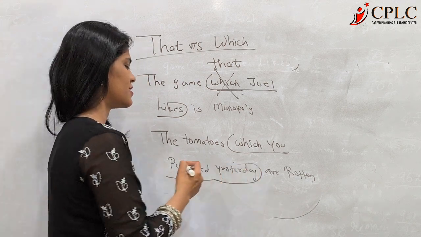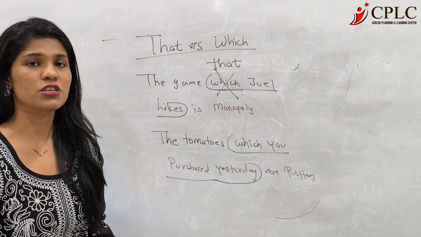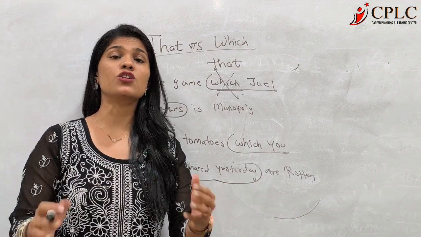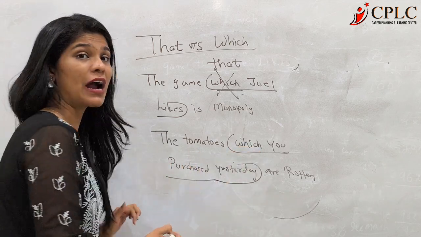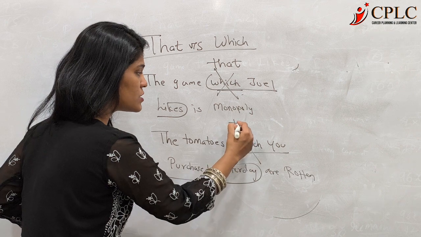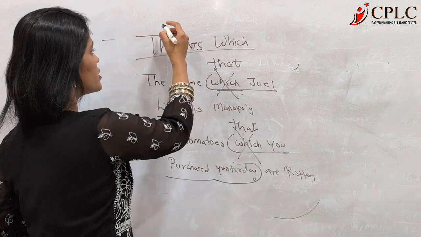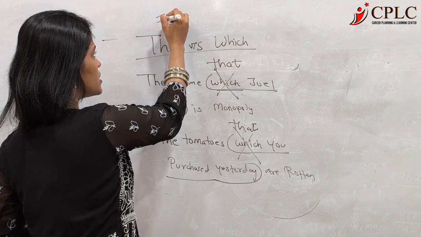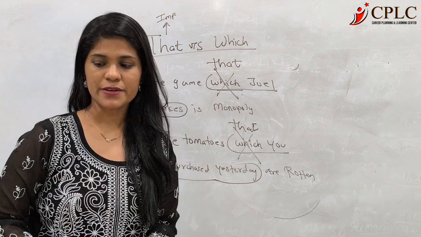Yes. Now read it: the tomatoes are rotten. If out of nowhere I come and tell you guys the tomatoes are rotten, कौन से tomatoes? तो ये बीच में वाला part is giving you information which is vital, so we will use that. So I hope you understood that is to be used when it is important. Okay.